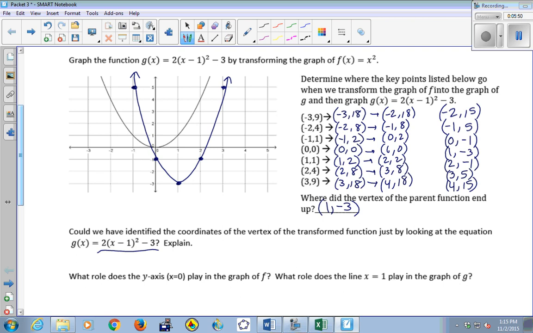Yep, there's the 1, there's the negative 3. What role does the y-axis play in the graph of the original f? Right, so here's f. What role does the y-axis play? It's a special line for the function x squared.